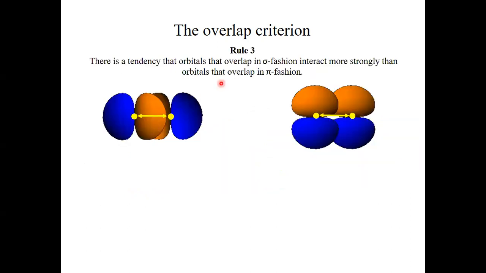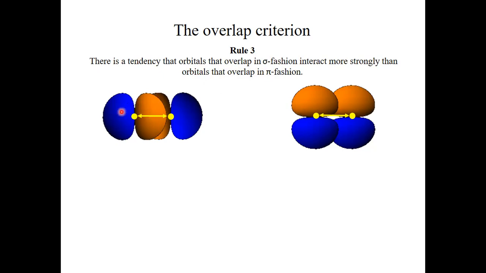All right. So what is rule number 3? Rule number 3 says that there's a tendency that orbitals that overlap in sigma fashion interact more strongly than orbitals that overlap in pi fashion. That is immediately obvious when we inspect orbital overlap.